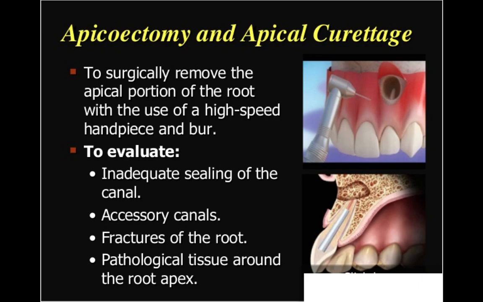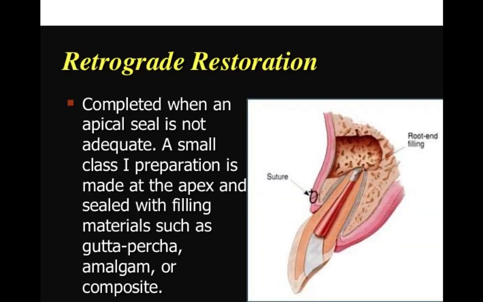After curettage, after cleaning that area, we need retrograde restoration. We have to make on the root a round or square cavity, and we have to fill that area with retrograde restoration.